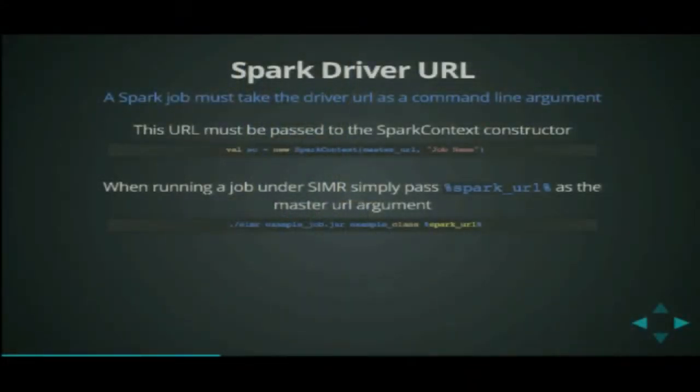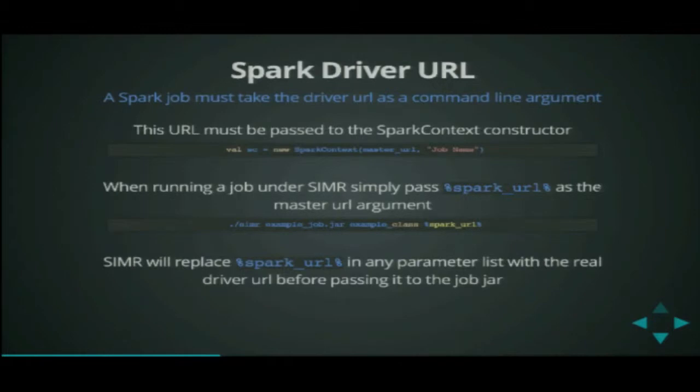From there, you can use the Spark context like any other. This specialized argument will be used by SIMR down the line and will be replaced with the actual driver URL.